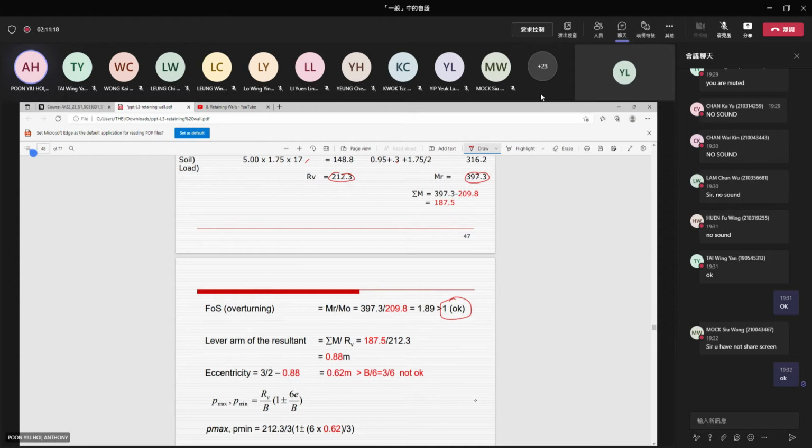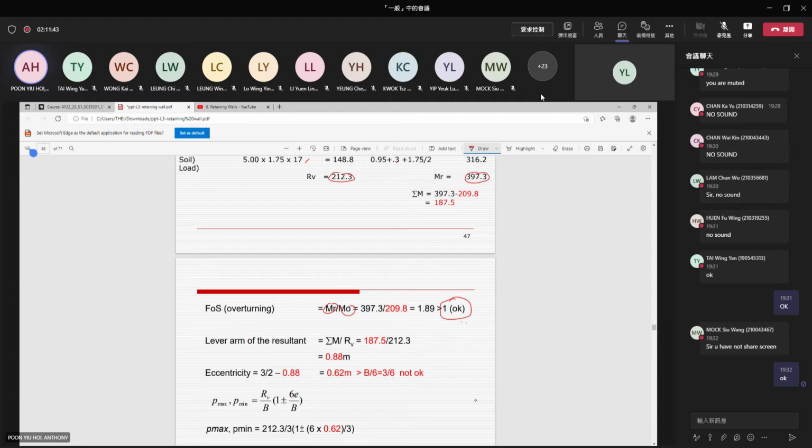Okay, so the rest is the same. So overturning moment, check resisting over overturning, make sure it's greater than 1, then it's okay. We also need to check the eccentricity. Again, the net moment divided by the vertical load is 0.88.